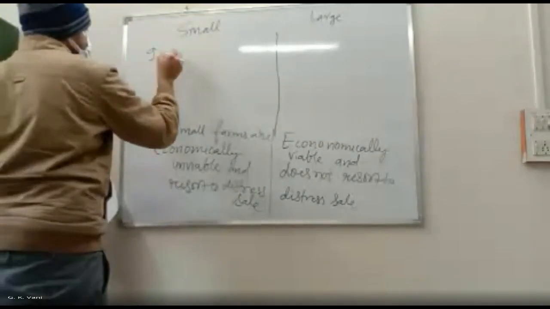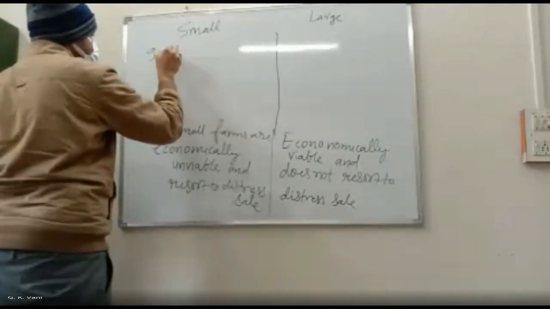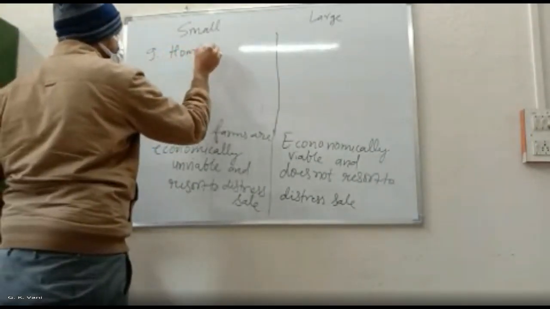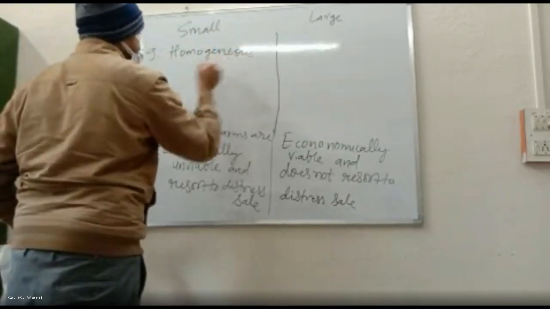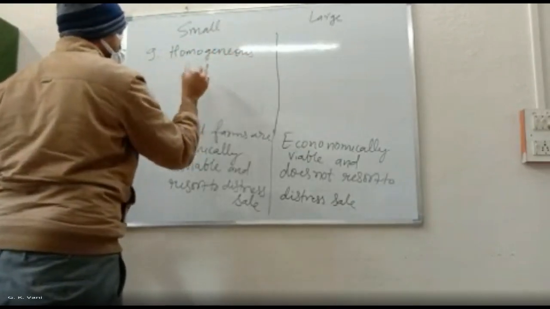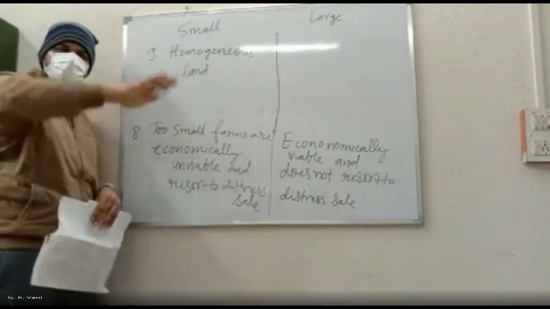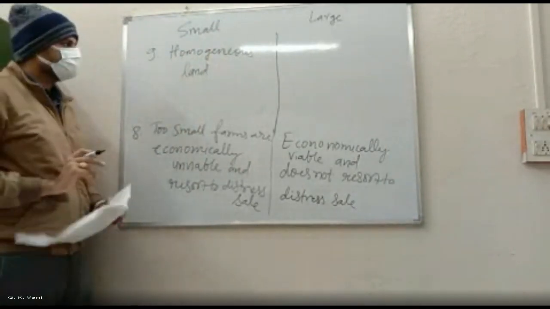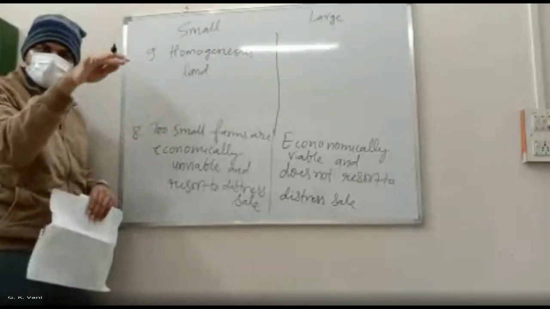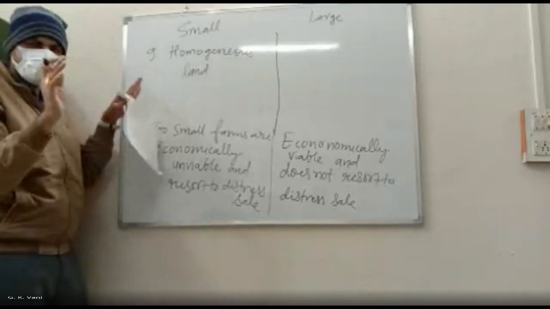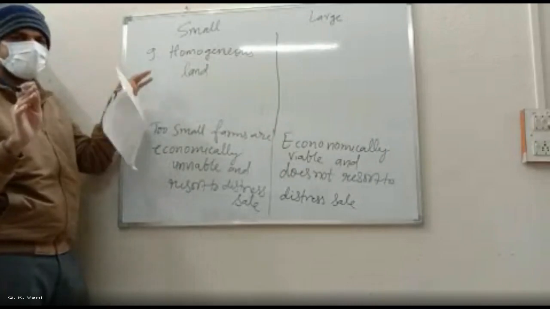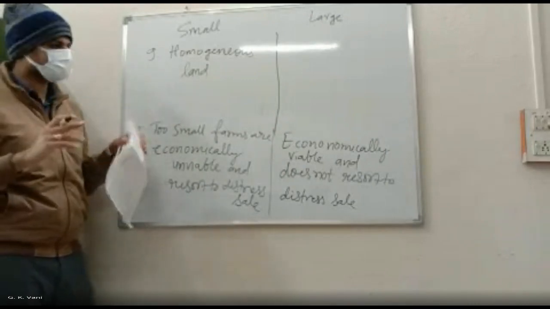Now, the next problem is they have homogeneous land. Homogeneous means if it is black soil, it's really black throughout. Same quality of soil everywhere. So small plots of land, usually small farms, have homogeneous land.